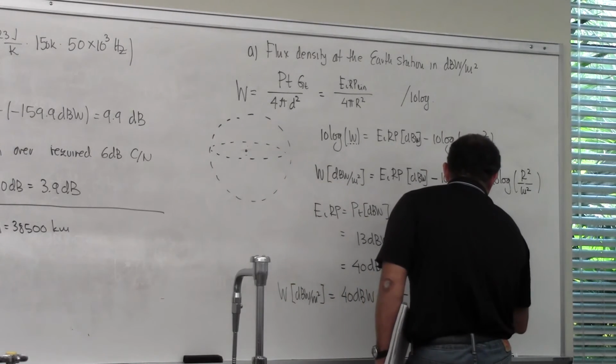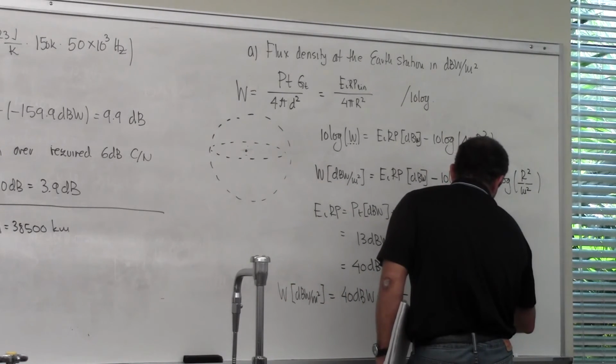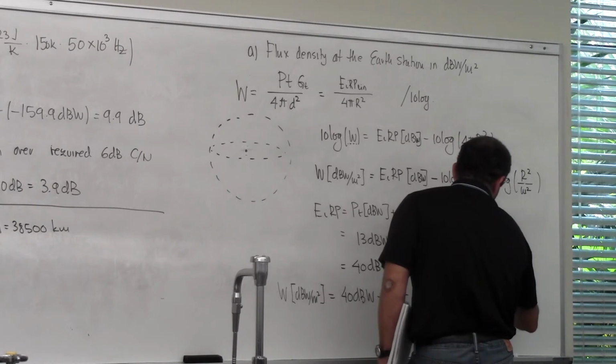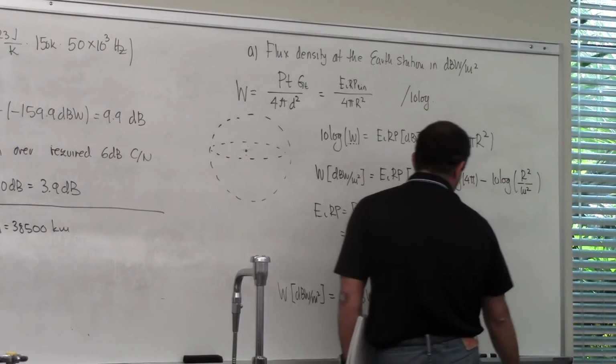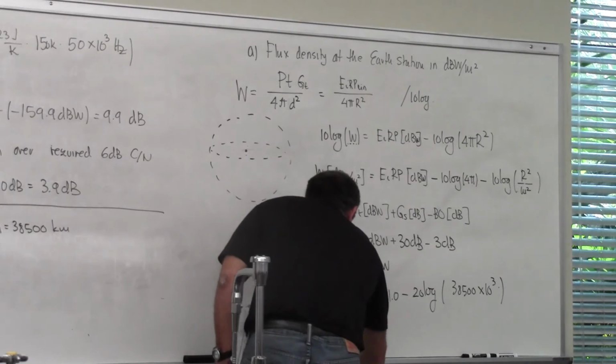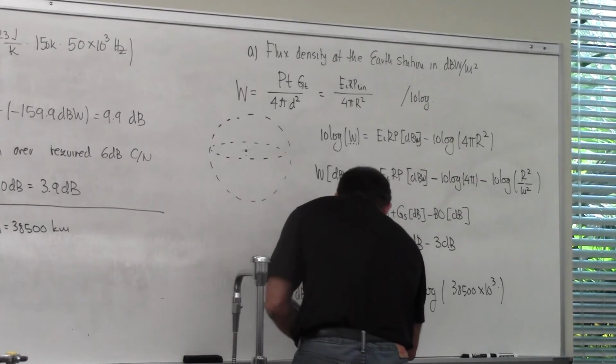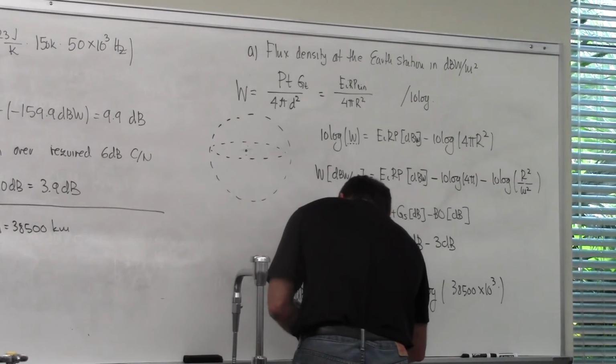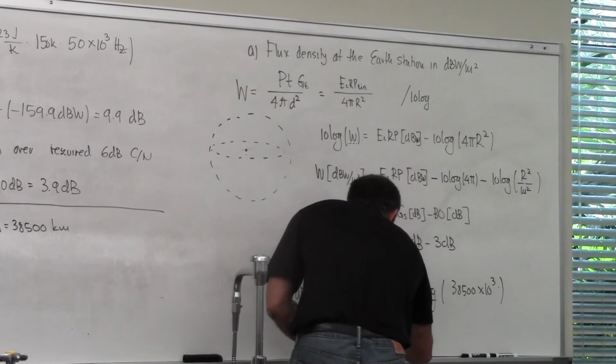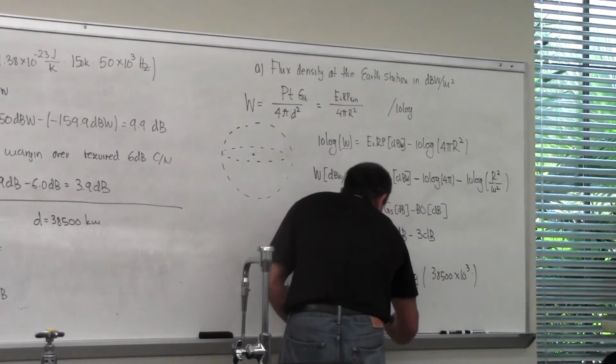The distance is 38,500 times 10 to the 3 to get it in meters. And when this is calculated, you end up with minus 122.7 dB watt per meter squared.